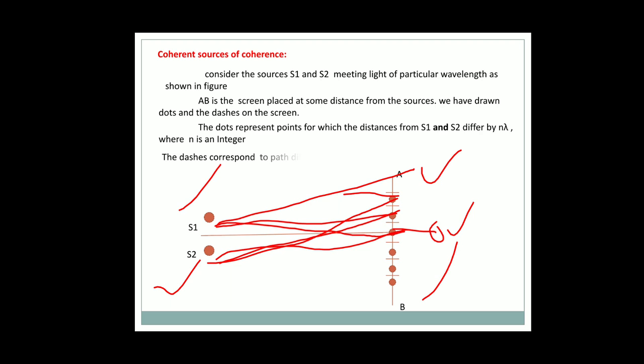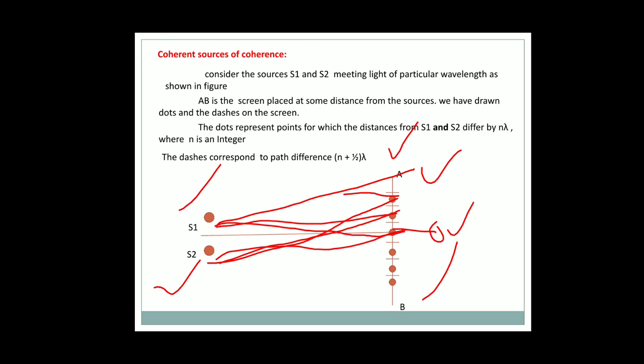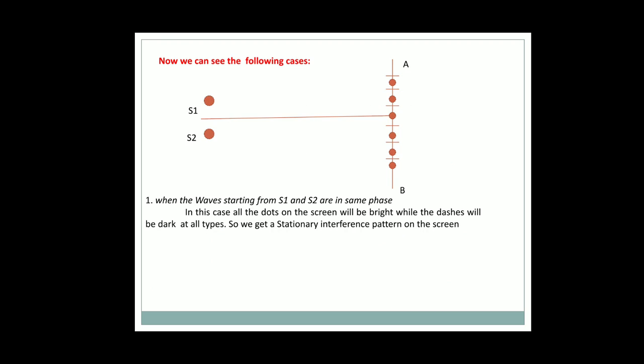In the case of dashes, the path difference is (2n plus 1) times lambda by 2, or (n plus half) lambda, between the two waves passing from S1 and S2.